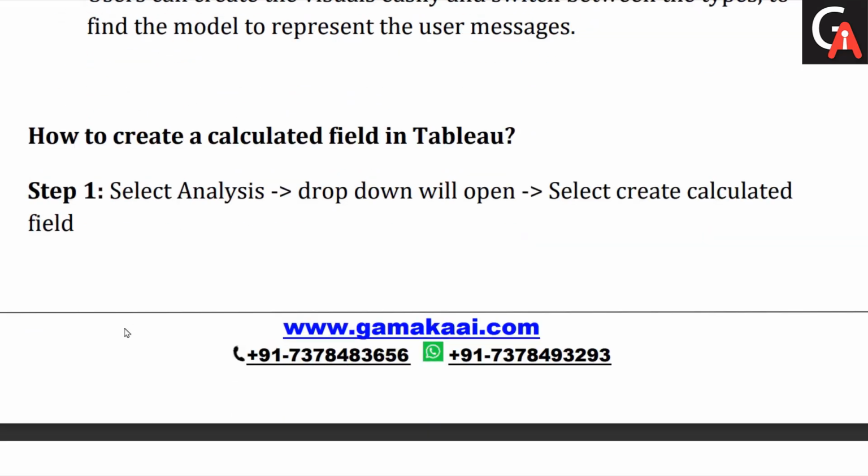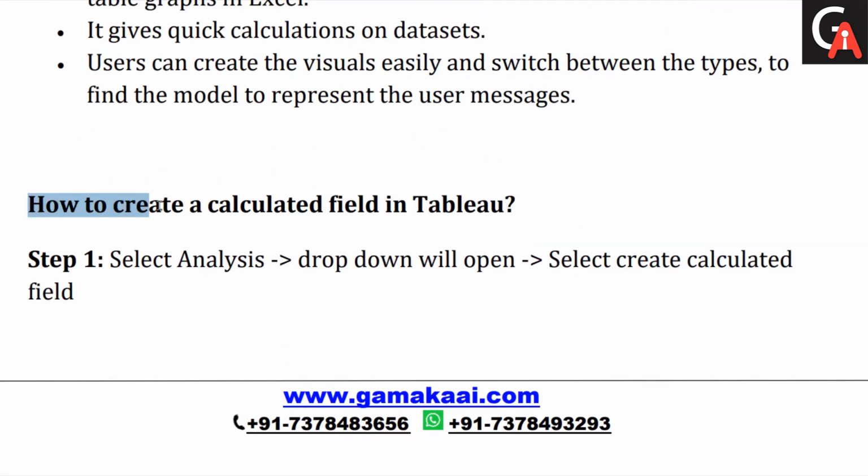Next question we have for the day: how to create a calculated field in Tableau. Okay, so if I want to do some calculations, for that we need a calculated field to integrate into the visuals, so to do some dynamic calculation. So to do that, first step is to select Analysis, go into the drop down, it will open, then select Create Calculated Field.